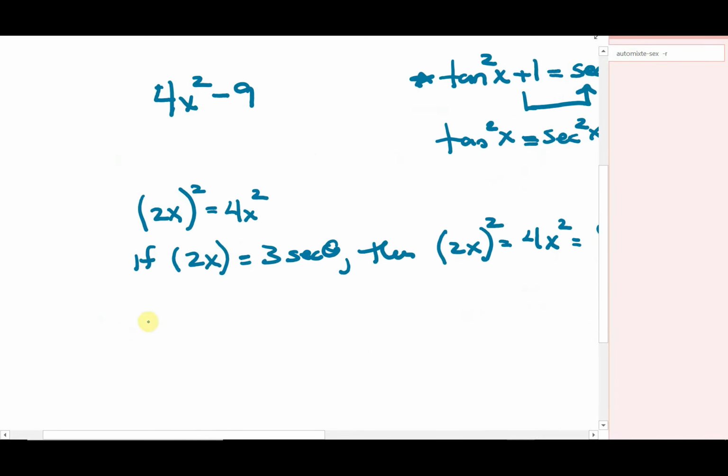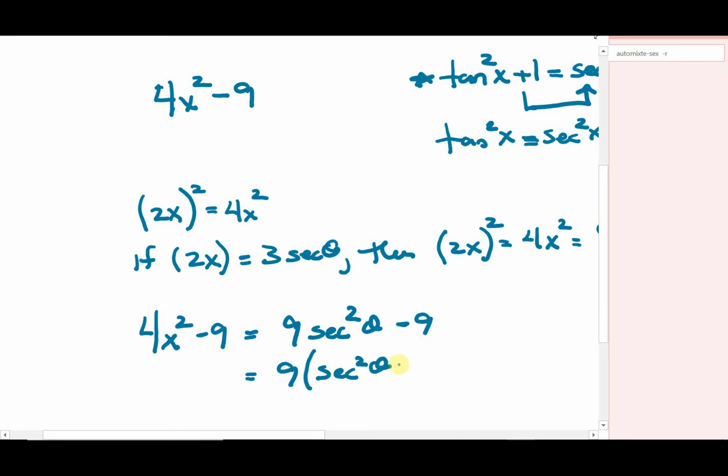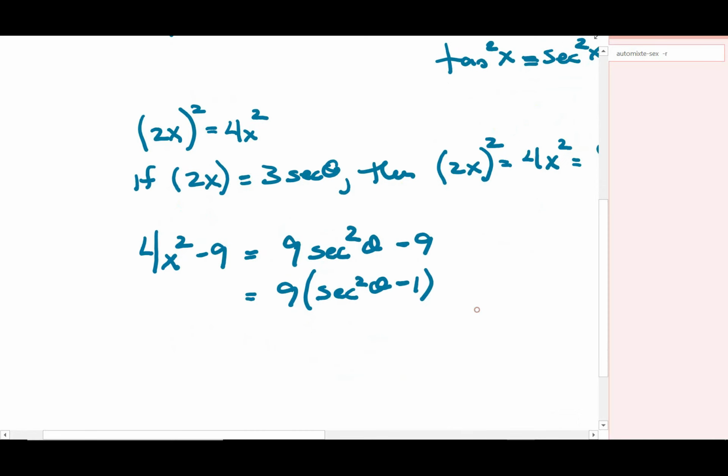So therefore, 4x squared minus 9 happens to equal 9 secant squared theta minus 9, and then equals 9 times secant squared theta minus 1, taken out of 9, and then by using the star identity, we get 9 tan squared theta.